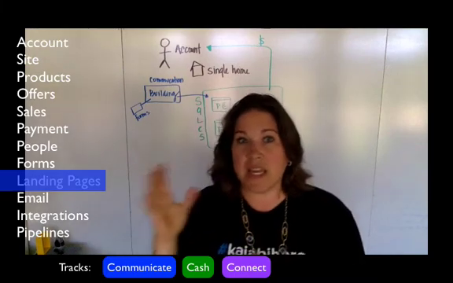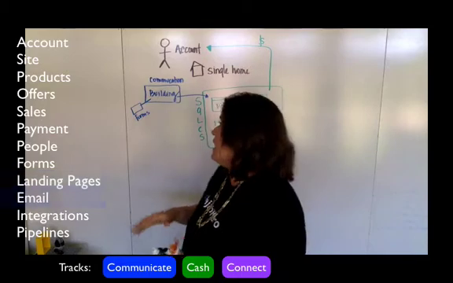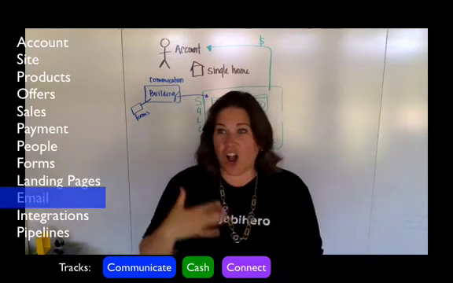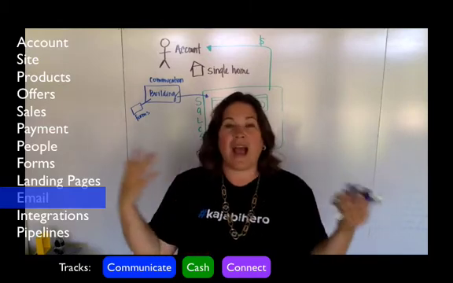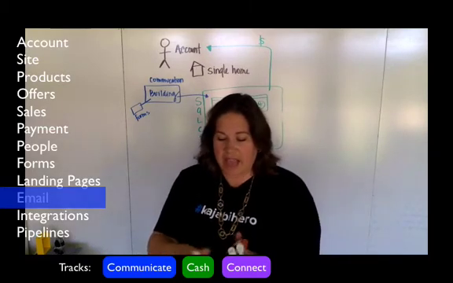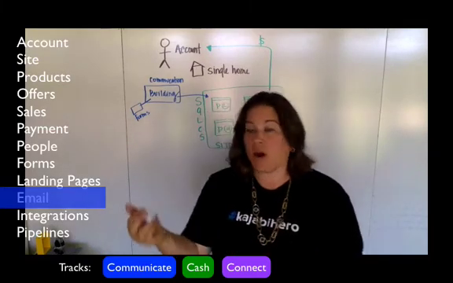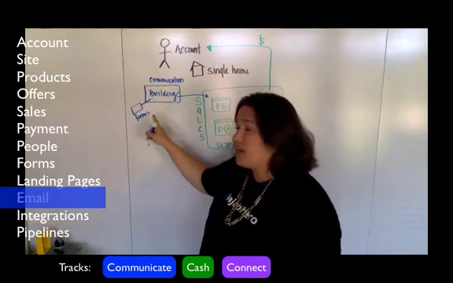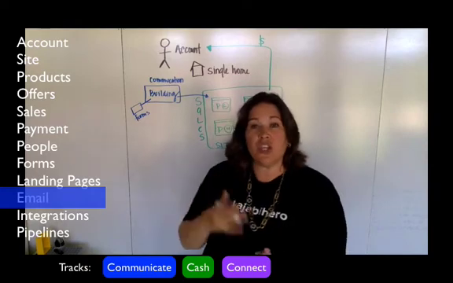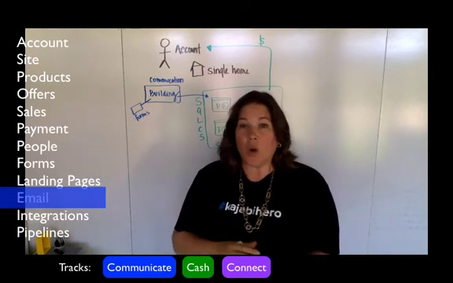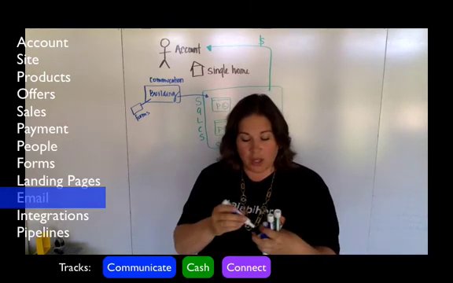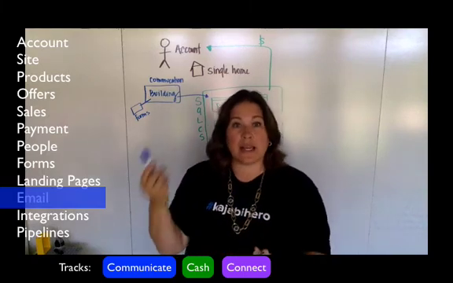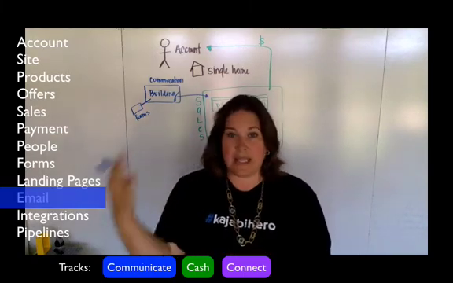Now, the next piece of Kajabi is email. Well, email is communication. We are chatting with people, we're having conversations, and so email is part of the communication track. And the way that it works is you can use Kajabi for all of your email, for collecting your names, connecting your email addresses, sending email.